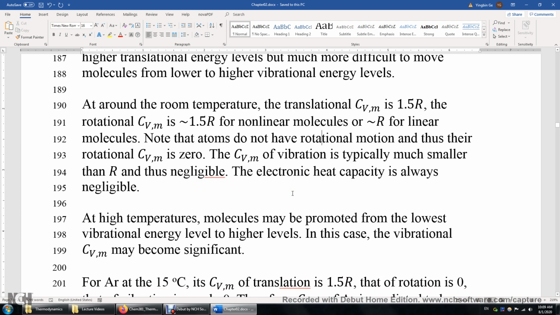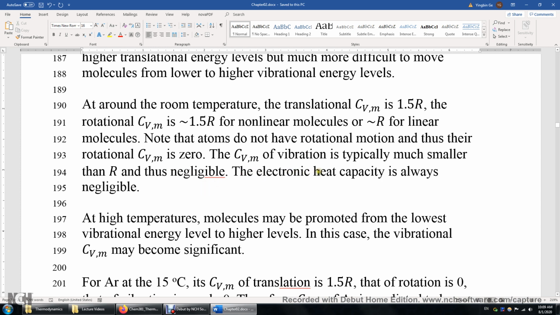How about vibration? It's very difficult to change the occupation number in vibrational energy levels. Therefore, the CVM of vibration is typically much smaller than R and is often negligible. For example, if you look at HCl at room temperature, the CVM of vibration is roughly 0.